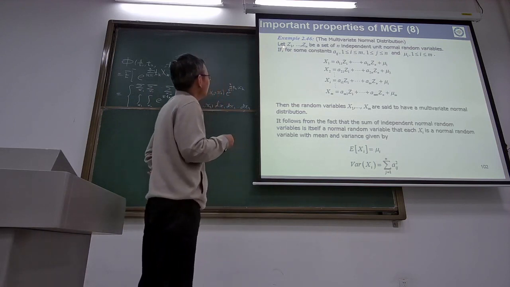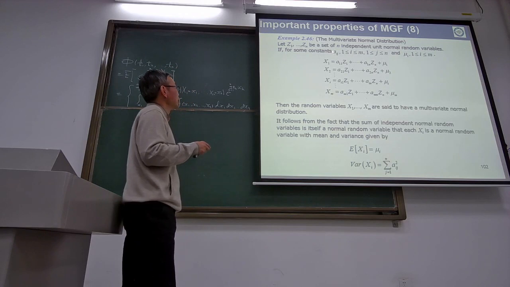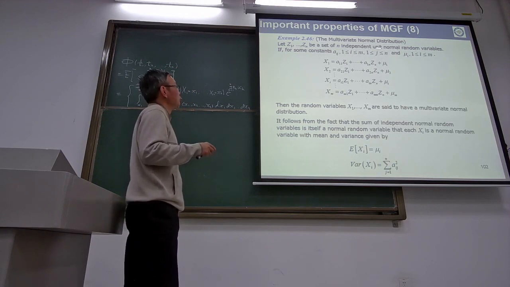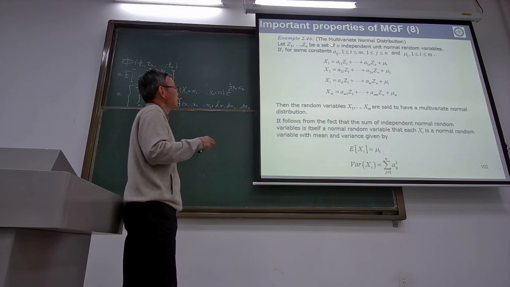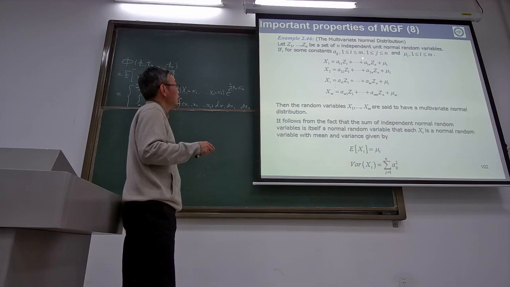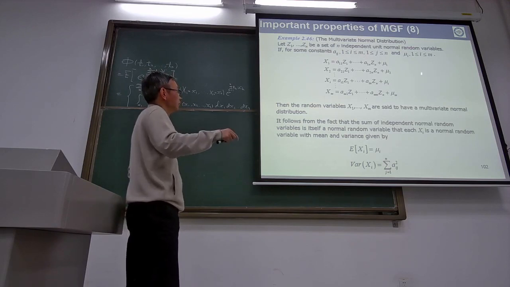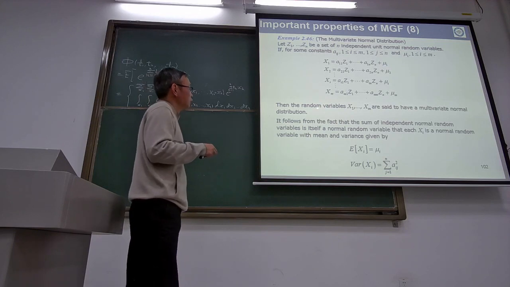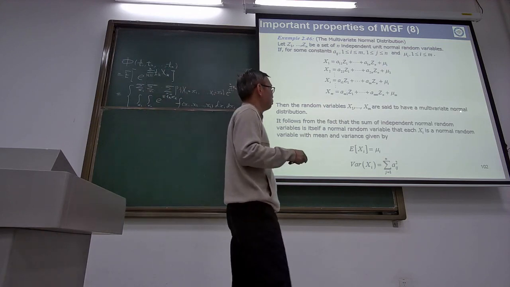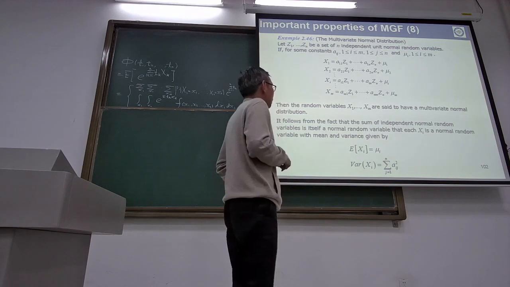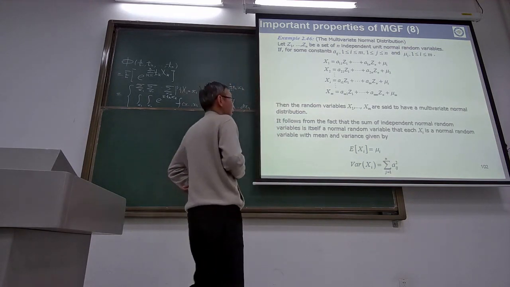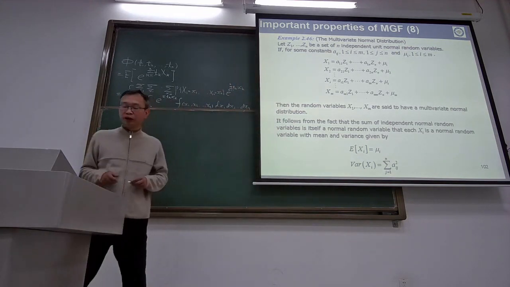For example, let Z1 to Zn be a set of independent standard normal random variables, for some constants Aij, and X1 to Xm is defined as follows. Then the random variables are said to have a multivariate normal distribution. Why? I will show you the reason.